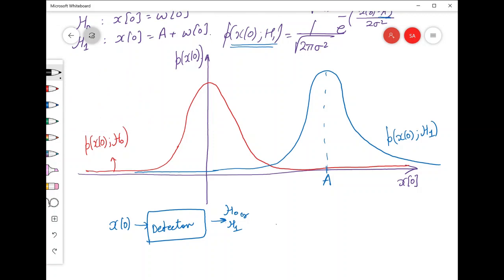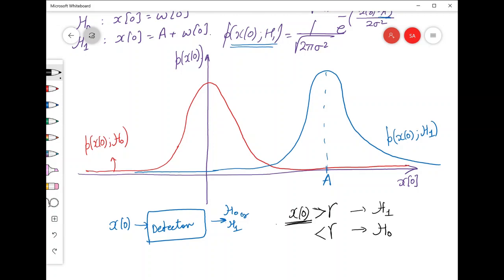Now how I am going to do this is I am going to look at this value of x0 and place a threshold over it. I can say that if x0 is greater than some threshold, let's say gamma, then I'm going to decide that the h1 hypothesis is correct. If it is less than gamma, then I'm going to decide that hypothesis 0 is correct.